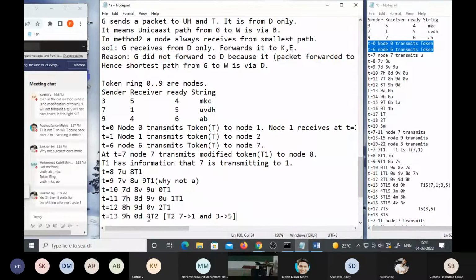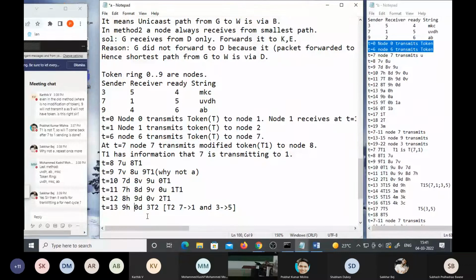Is it correct? So basically, this is token 1-5. Means transmission for 1 and 5 is going on, P2. T equal to 14.